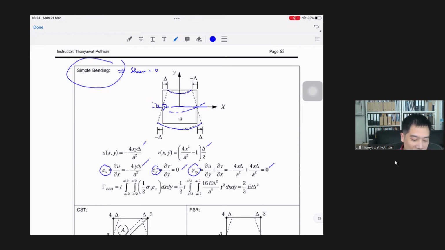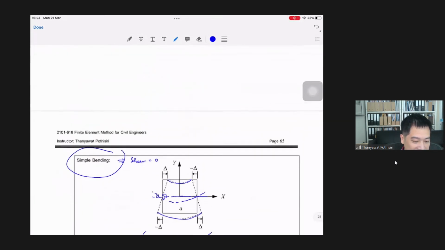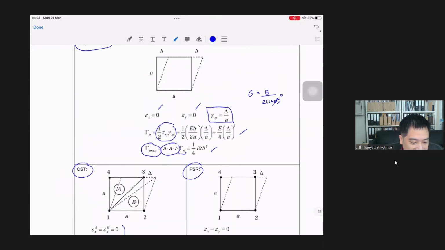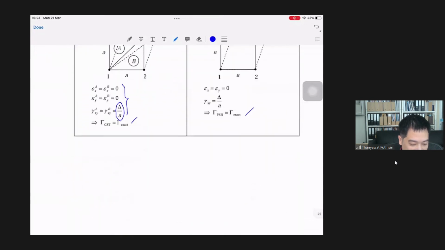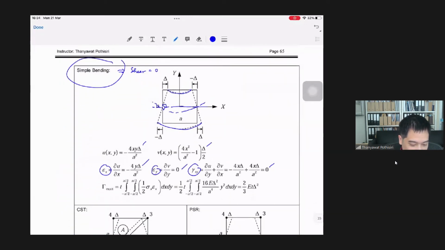And in order to compute the strain energy density function, okay, you integrate the product of stress and strain first.